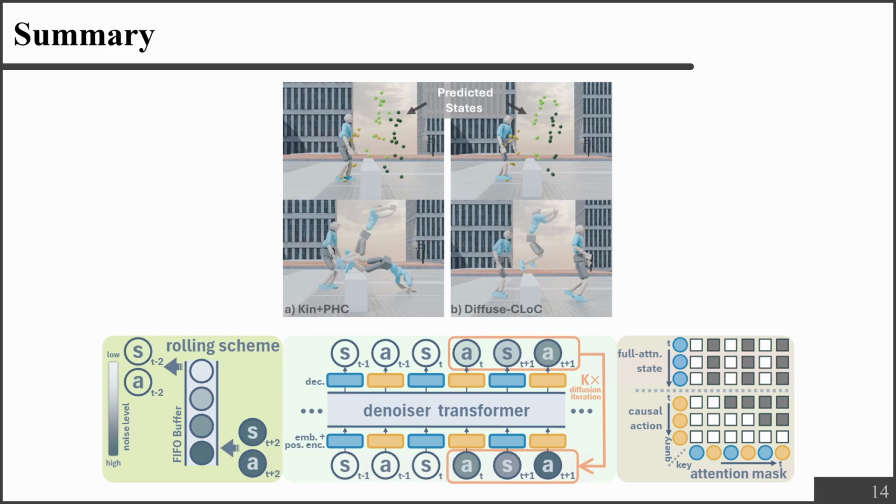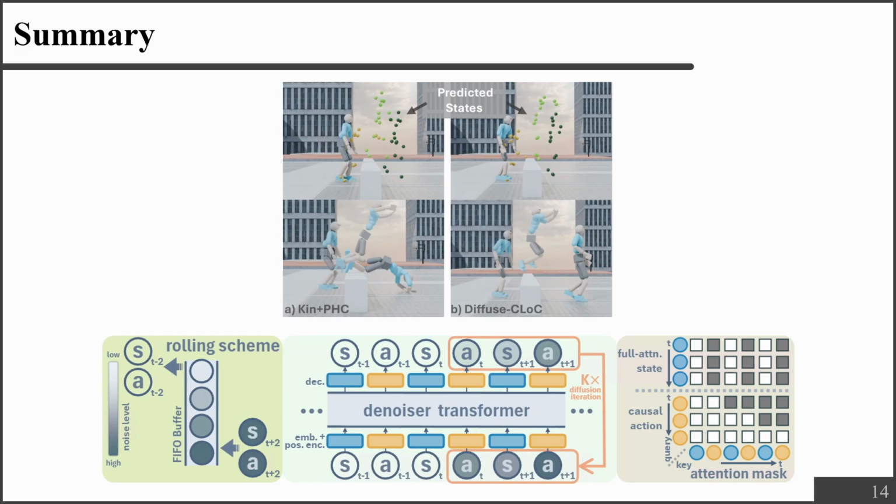If we generate only actions, state-based task constraints become more difficult to impose during sampling. Diffuse-CLoC addresses both by generating states and actions jointly, keeping task constraints in state space, and training the model to produce actions consistent with those guided state trajectories.